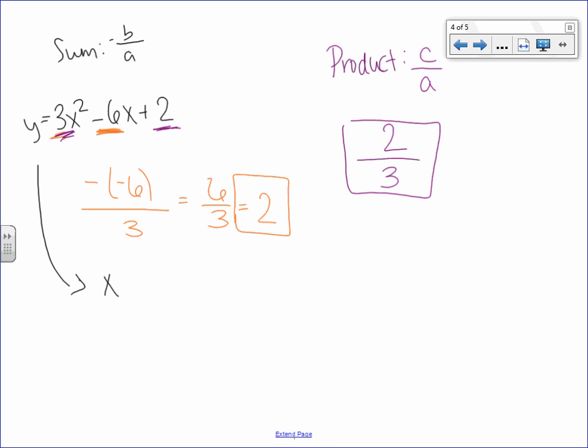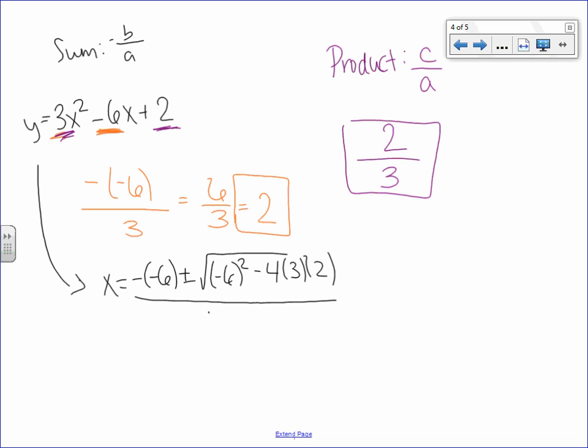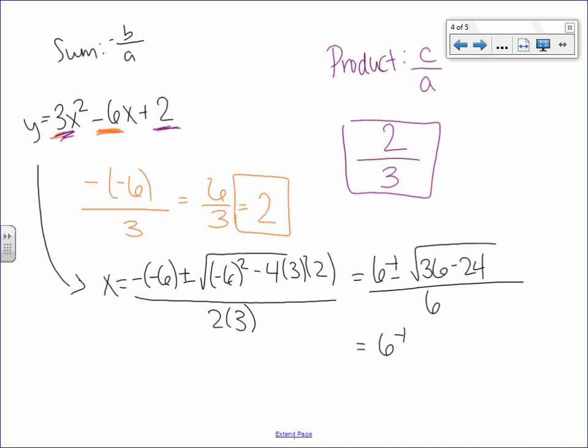So we will get x equals negative b plus or minus the square root of b squared minus 4ac all over 2a, which simplifies to 6 plus or minus the square root of 36 minus 24 all over 6. 36 minus 24 is going to give me 12.